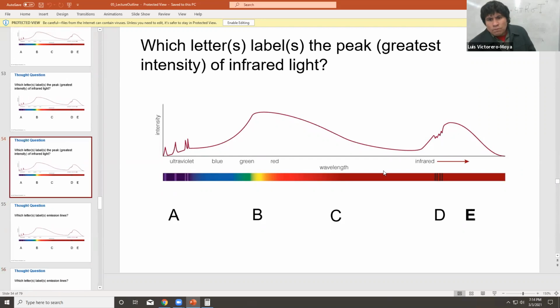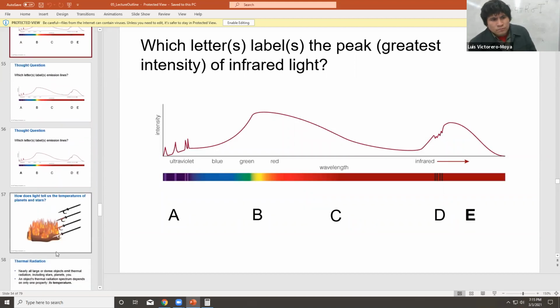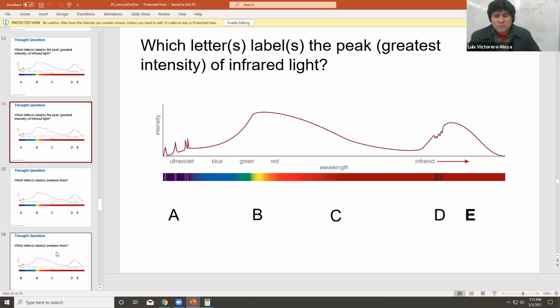There are different peaks depending on which part of the spectrum you are in. As you go towards the right, you're going towards the infrared, so lower frequencies and larger wavelengths, which makes sense. Ultraviolet doesn't really have a peak, maybe here, but here you have maybe the visible one, and then here the infrared peak. Are there any questions about the spectra of emission and absorption lines?